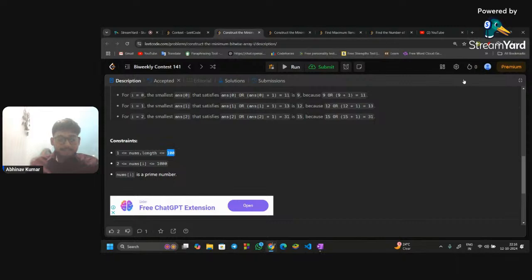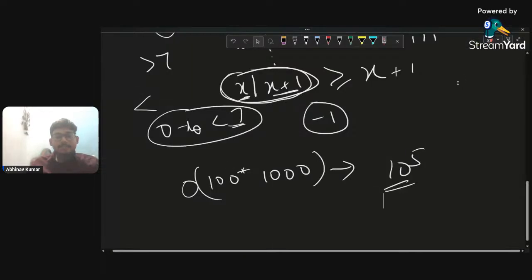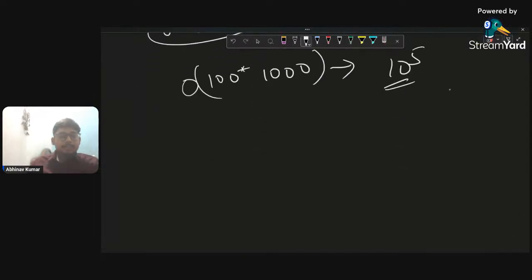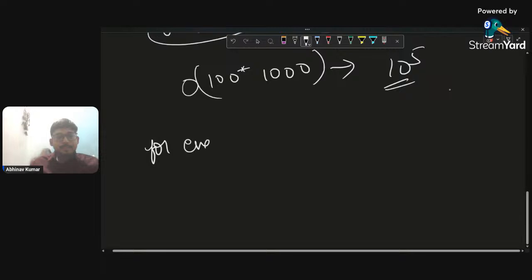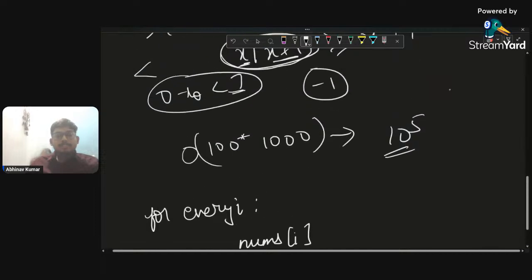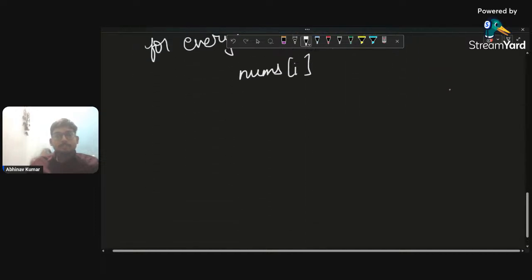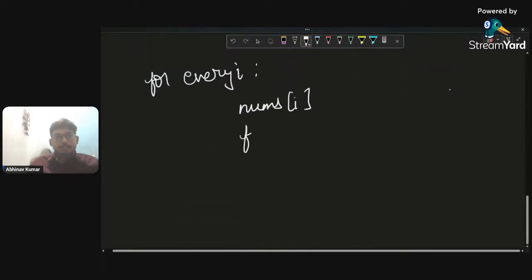For every i, nums[i] is our number. For this, we'll run a loop for x from 0 to nums[i].